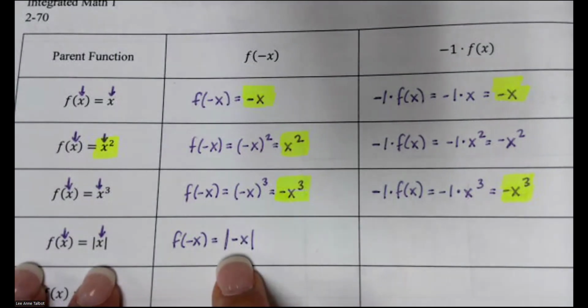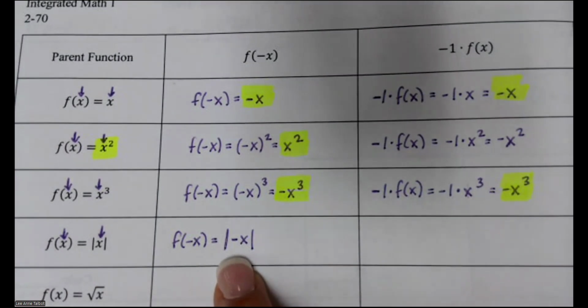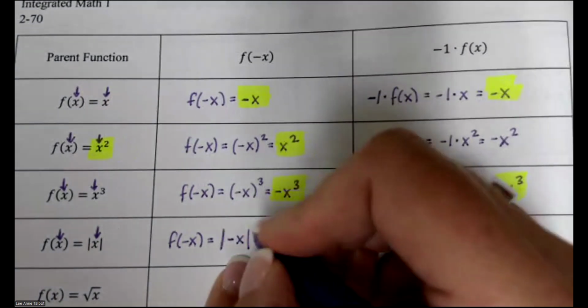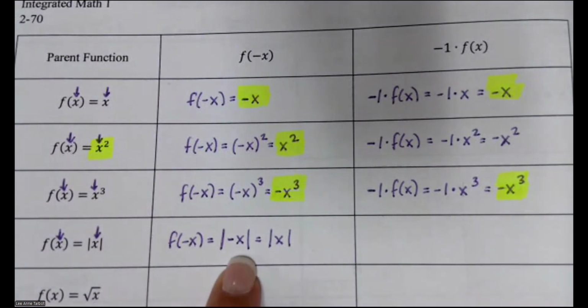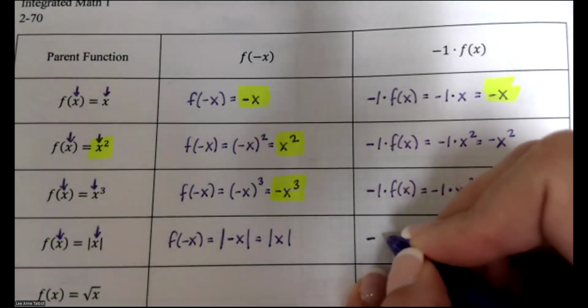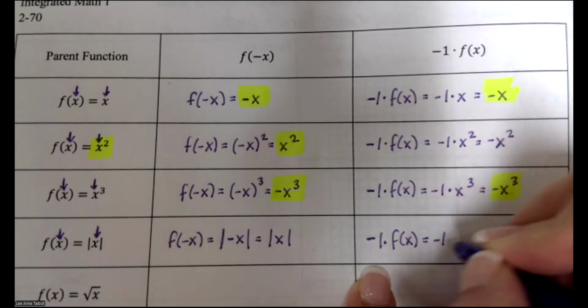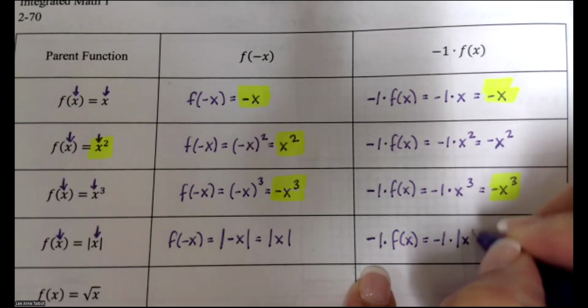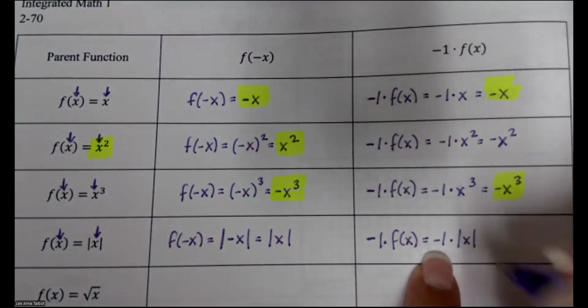Okay, so I took negative x and I replaced it. And what's the absolute value of a negative? Positive. -1 times the original, and the negative is outside.